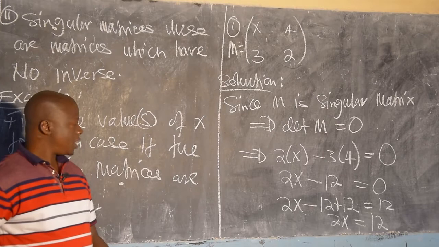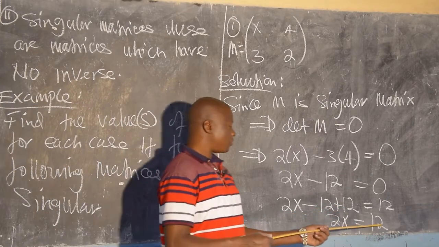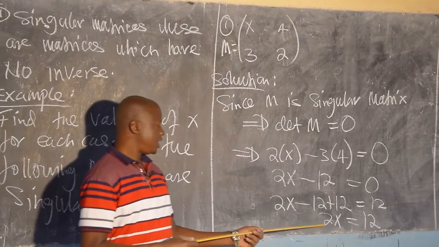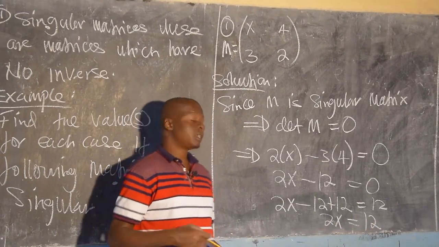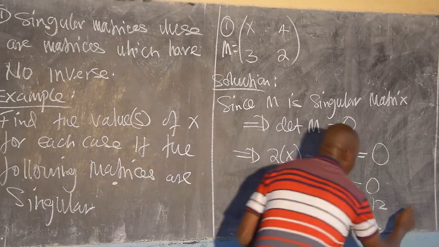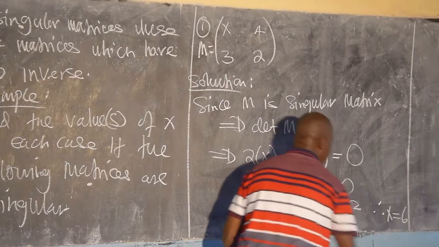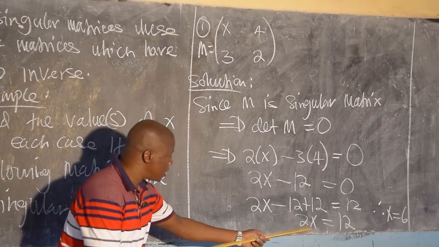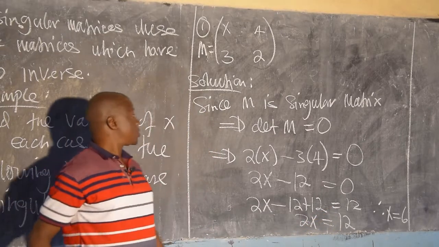How do we find the x? If we have 2x equal to 12, we shall divide by 2 on either sides. So, in our conclusion, we shall say therefore x equal to 6. Because we have divided by 2, it gives x. 12 by 2, it gives 6.